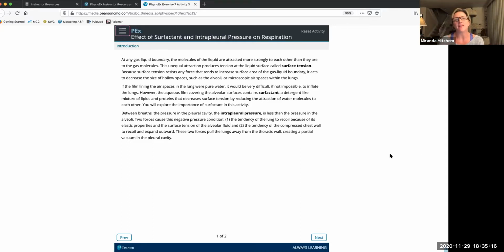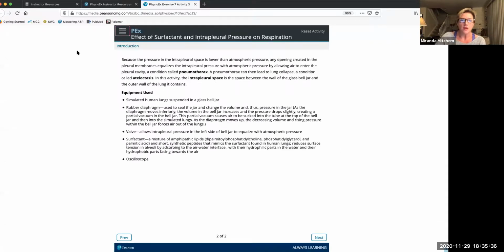This is the area that is filled with surfactant to allow the pleural lining to easily slide by the surface of the lung, avoiding friction. If friction is created, that could lead to inflammation, which would not be a good thing. All right, so what we can appreciate from this experiment is what happens in a pneumothorax.